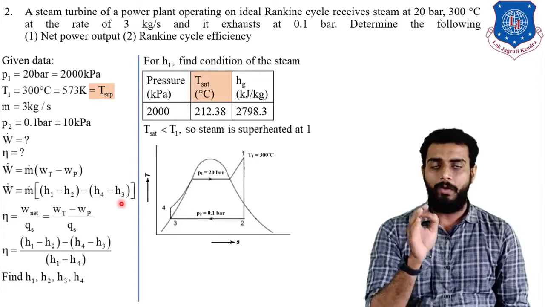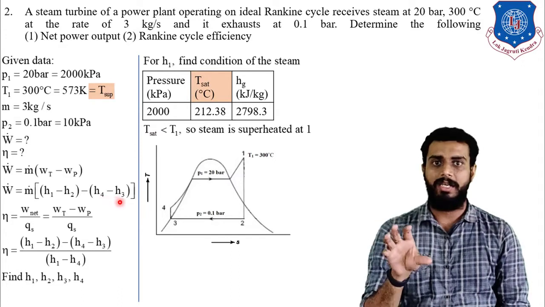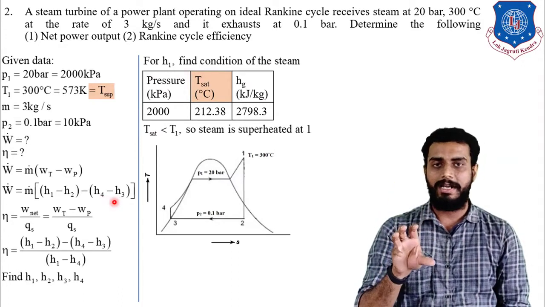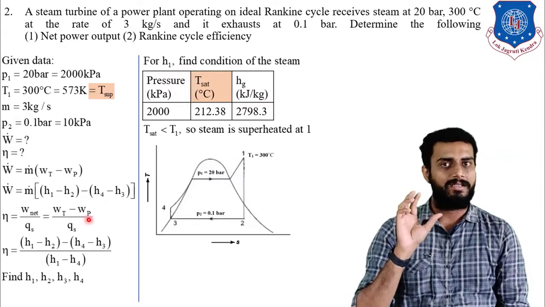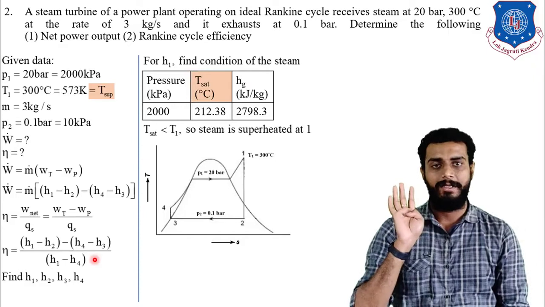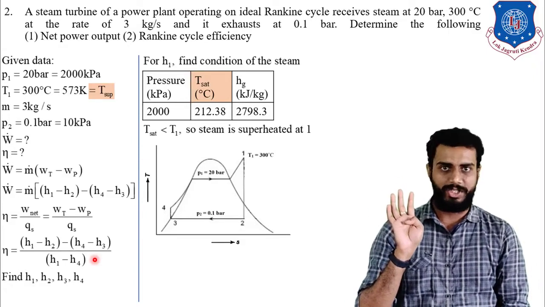Clear? Further, you will put all these equations into the efficiency equation and the rate of work transfer equation, and you will get your answer. So ultimately the goal is to identify the 4 enthalpies. Then you can manage all the answers that are asked in the question.